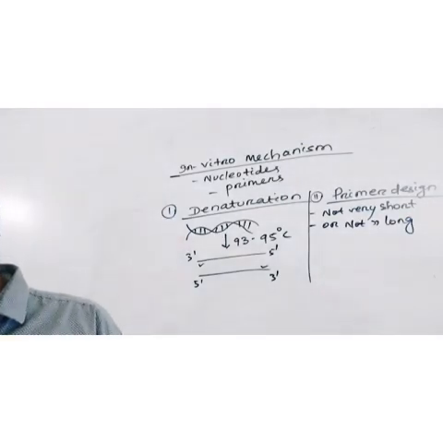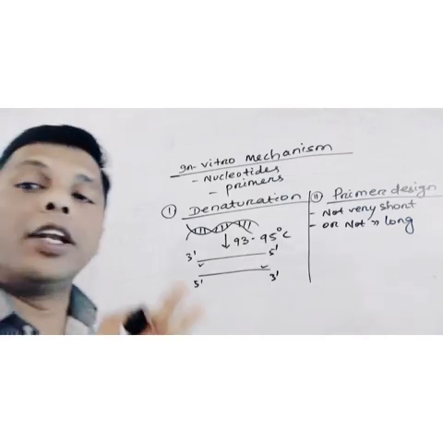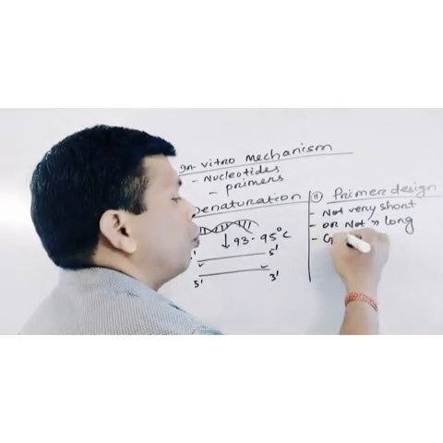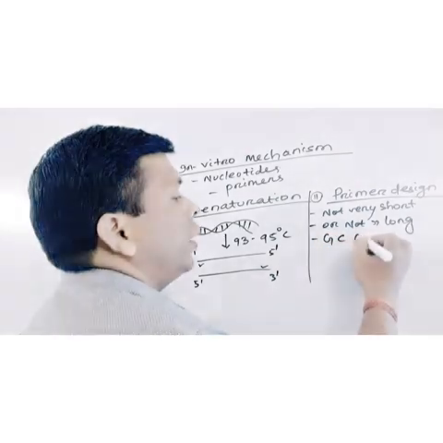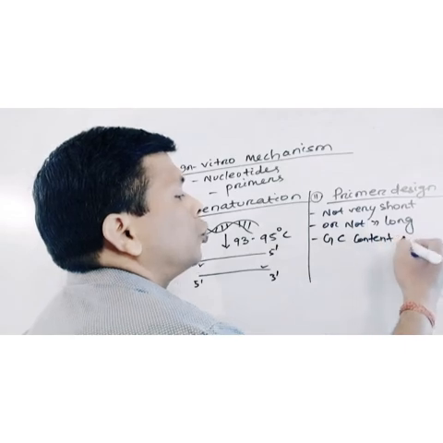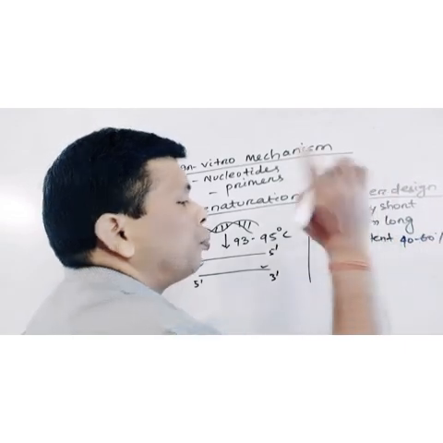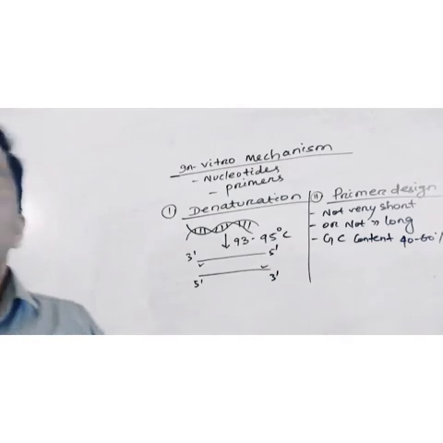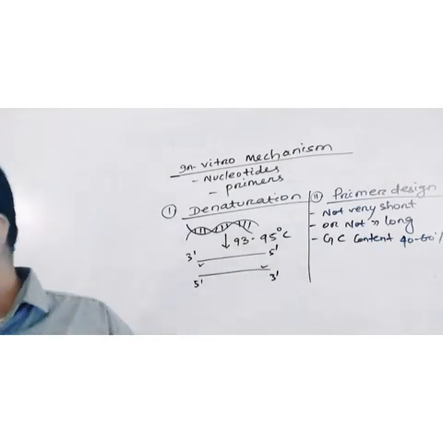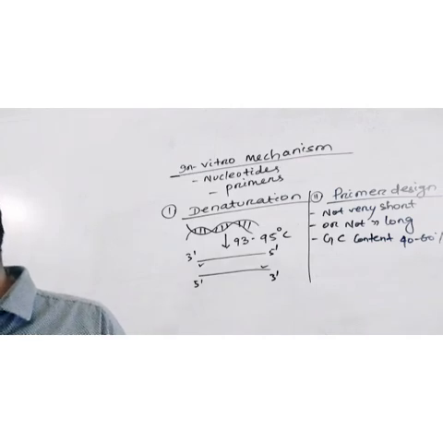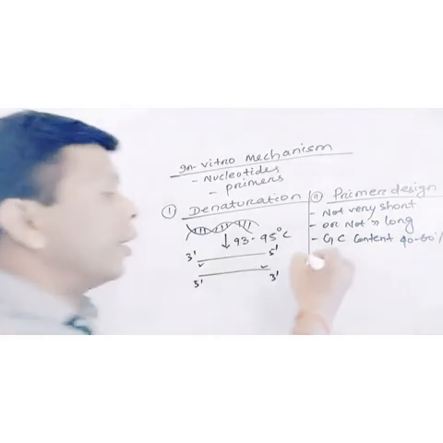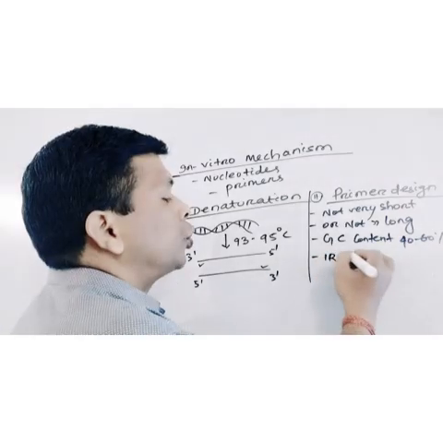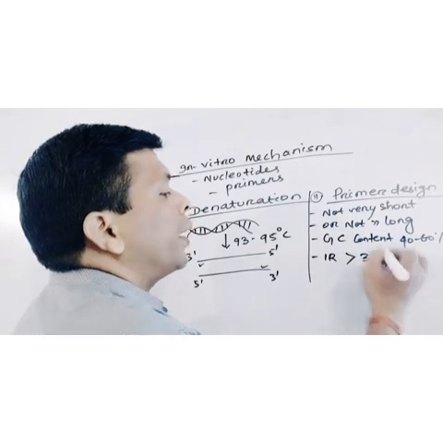The second step is that the GC content, guanosine cytosine content, should be 40 to 60%. Then, the inverted repeat region or complementary sequence should be greater than 3 base pairs.